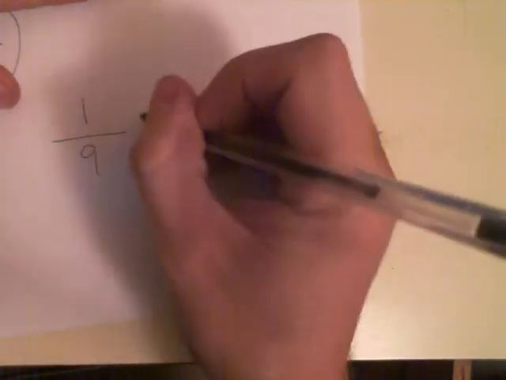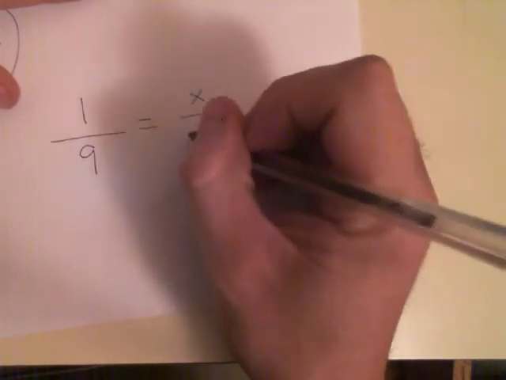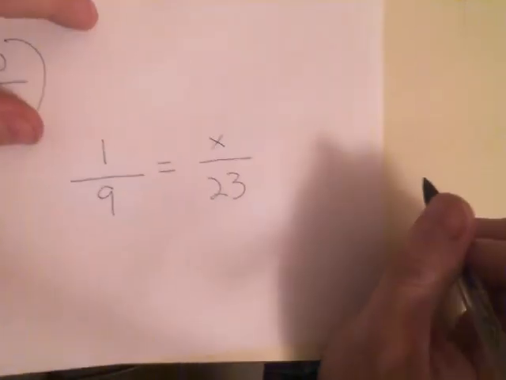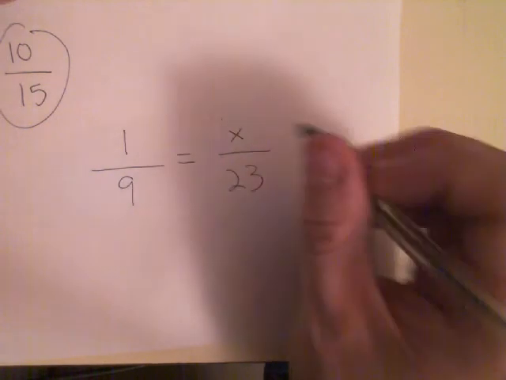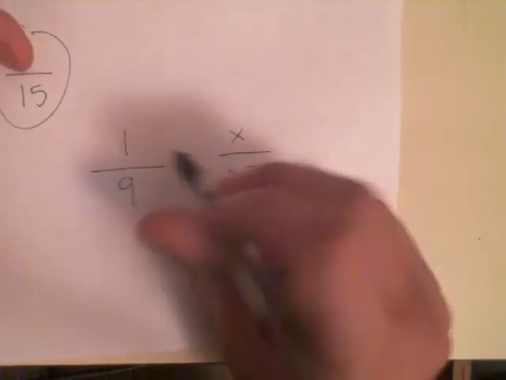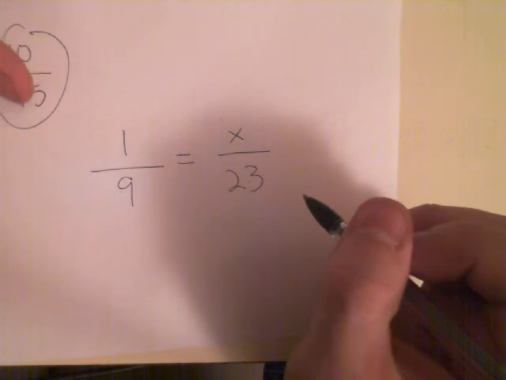Now, what if it was something a bit more tricky? What about that? Well, that's not actually going to be as simple, right? What number has the same relationship to 23 as 1 has to 9? That's not going to be as easy.